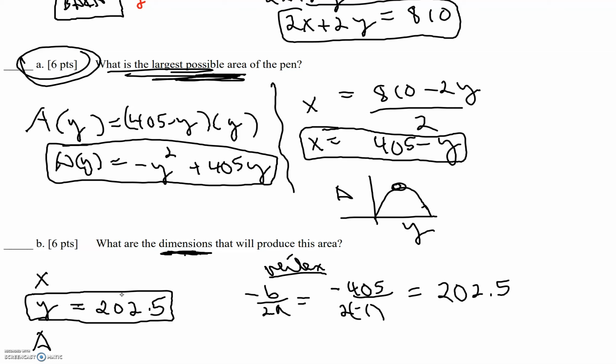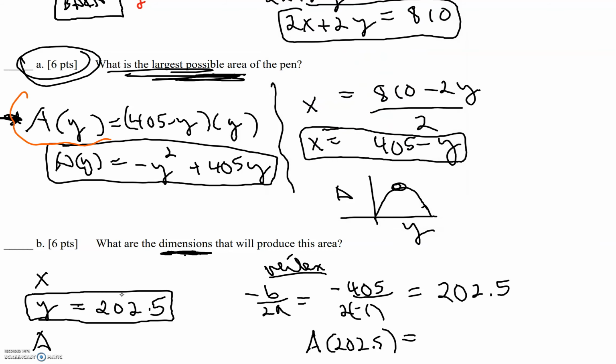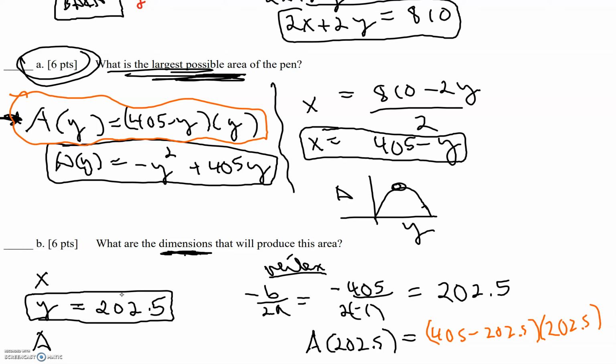So then my a value is going to be a of y. So a of 202.5, which I like to go to the previous version of a because it's easier to compute. Y'all have seen me do this in class before, but that's 405 minus 202.5 times 202.5. So basically that's going to be 202.5 squared.